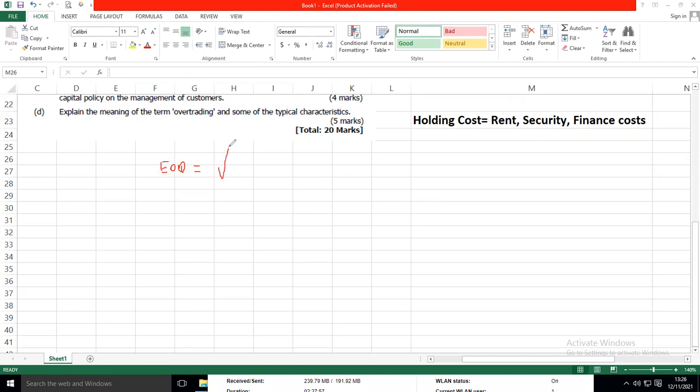EOQ equals the square root of 2 multiplied by 285,000 multiplied by 65 divided by the holding cost.